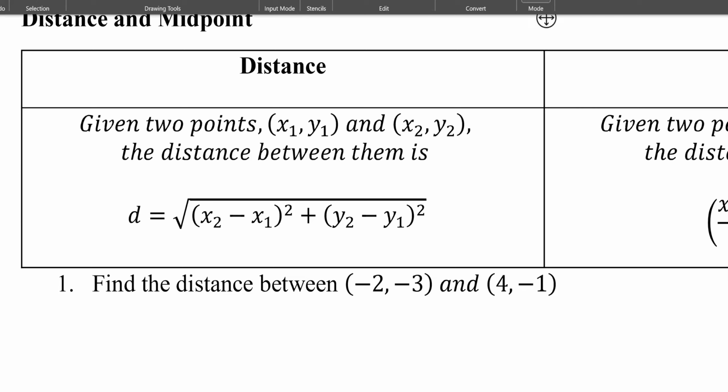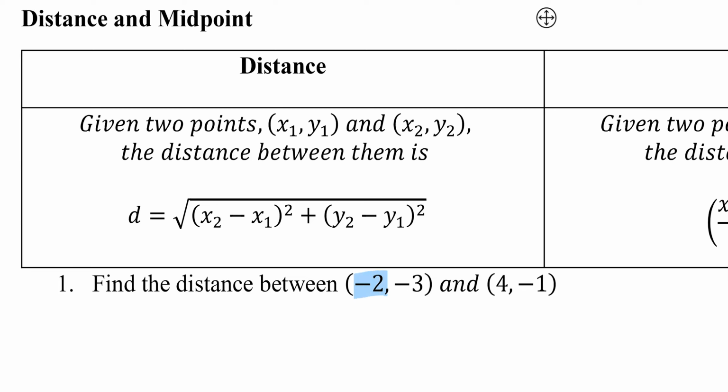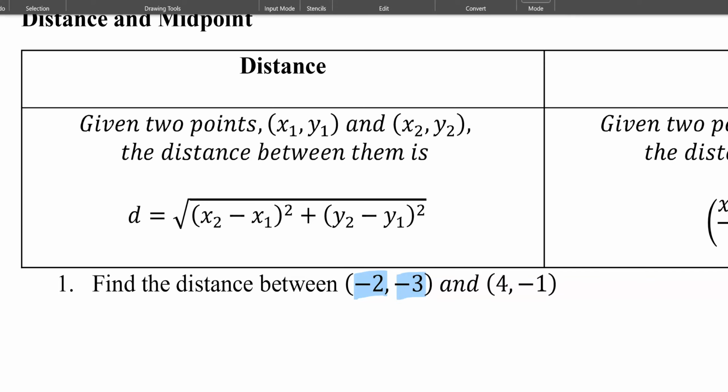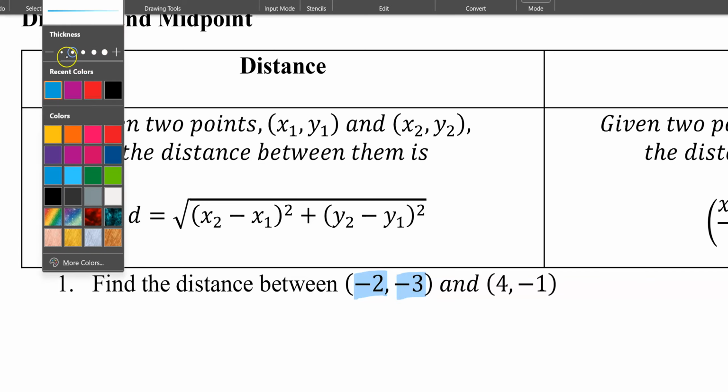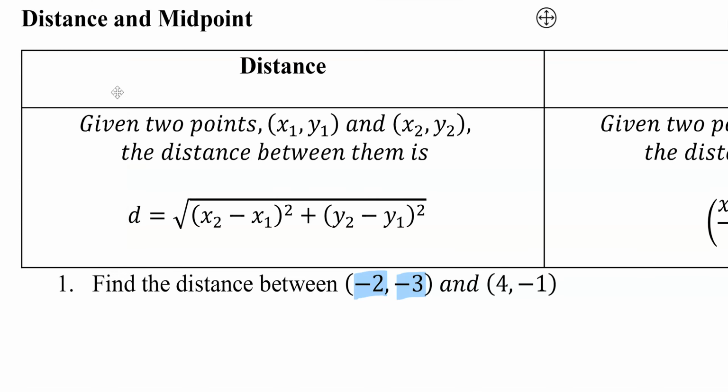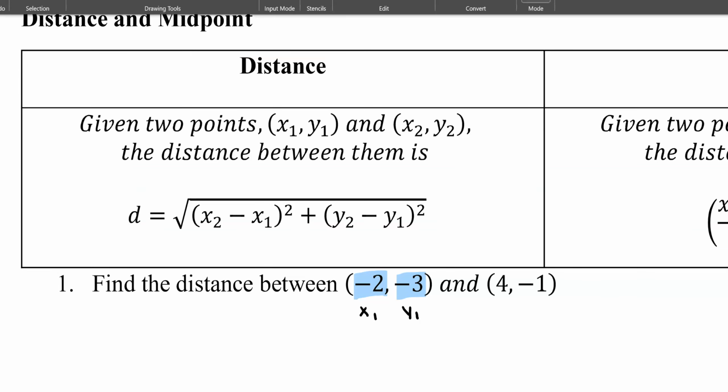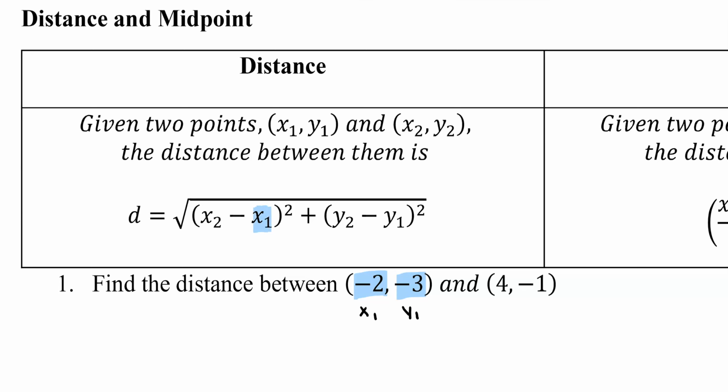So I'm going to call my x1 negative 2 and my y1 negative 3. So we'll call this guy x1, we'll call this one y1. And remember, those are going to go as x1 and y1 here.